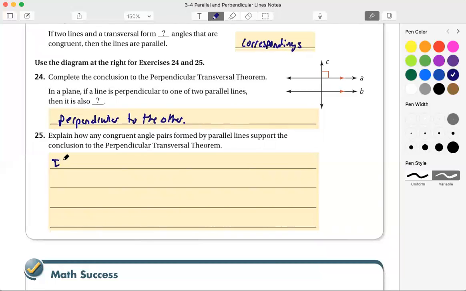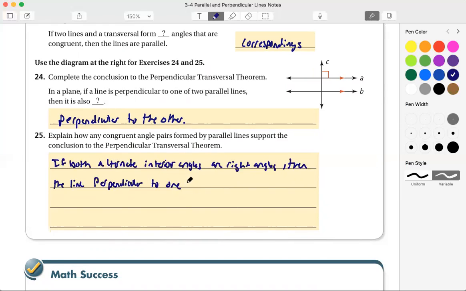So one possible answer here: if both alternate interior angles are right angles, then the line perpendicular to one parallel line is perpendicular to the other parallel line.